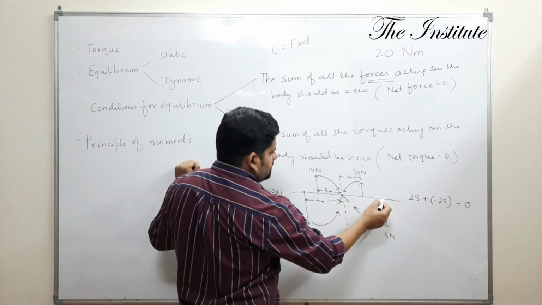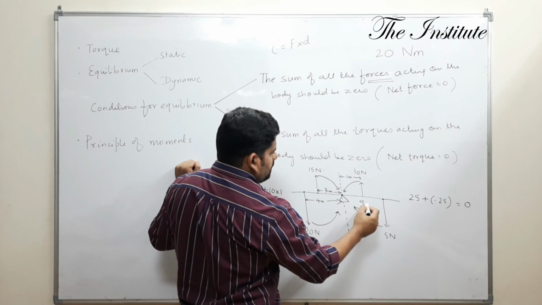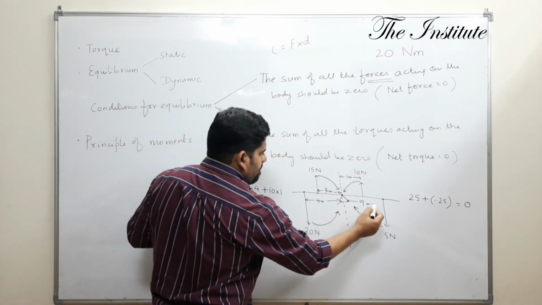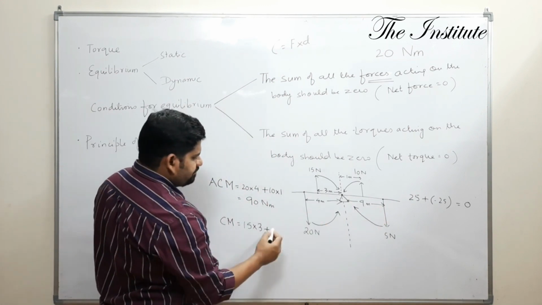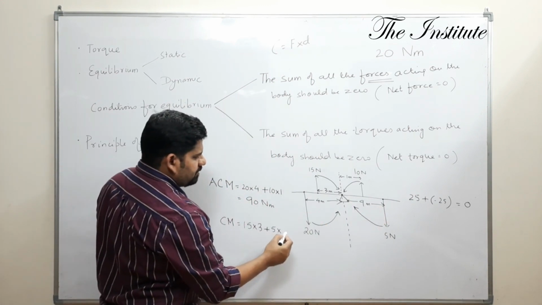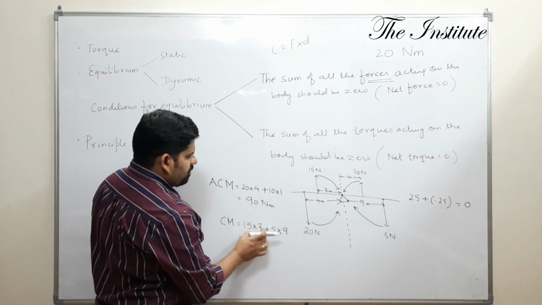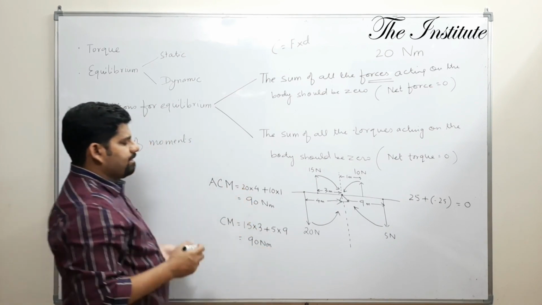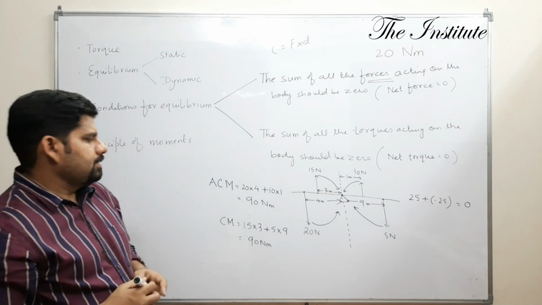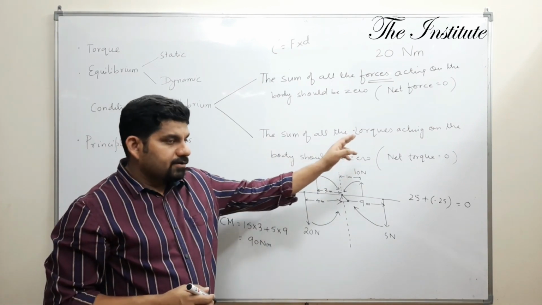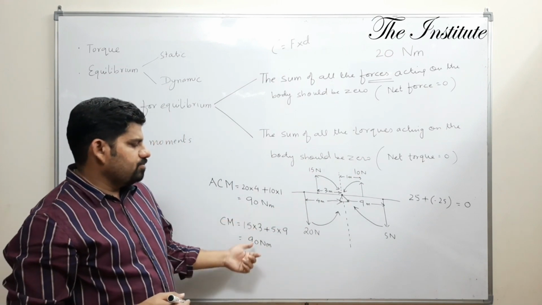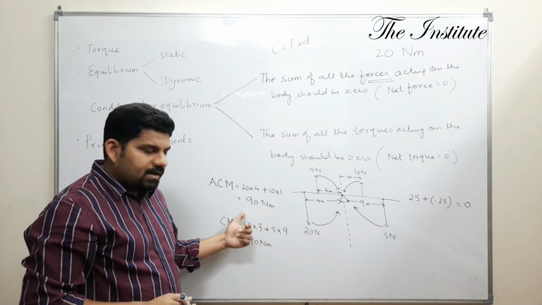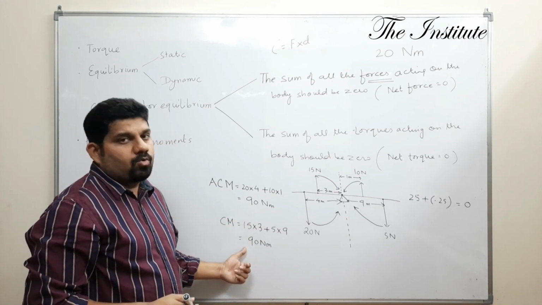So suppose this distance till here is 9 meters. Just an example. So force 5 into distance 9. So 45 plus 45, 90. Net torque is coming out to be 0. Anti-clockwise moment is equal to clockwise moment.